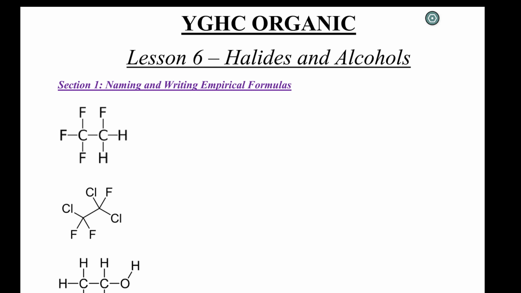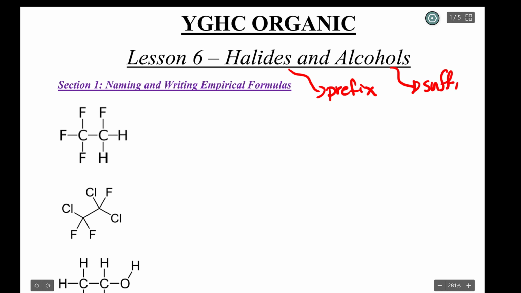First of all, when you're dealing with a halide in terms of naming, you're really dealing with a prefix. Whereas when you're dealing with an alcohol, you're dealing with a suffix in order to indicate what is going on.